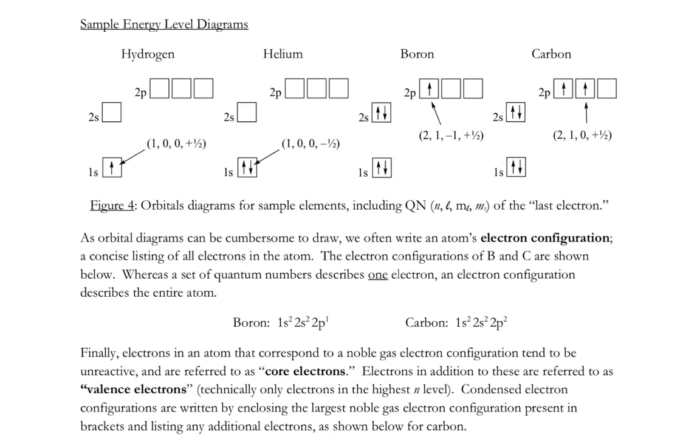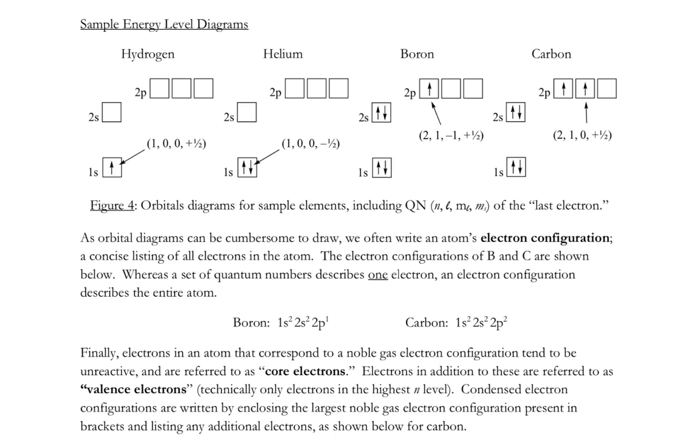Another way to write electron configuration is to recognize that the core electrons can be symbolized with a noble gas electron configuration. That is, helium has the electron configuration 1s2.